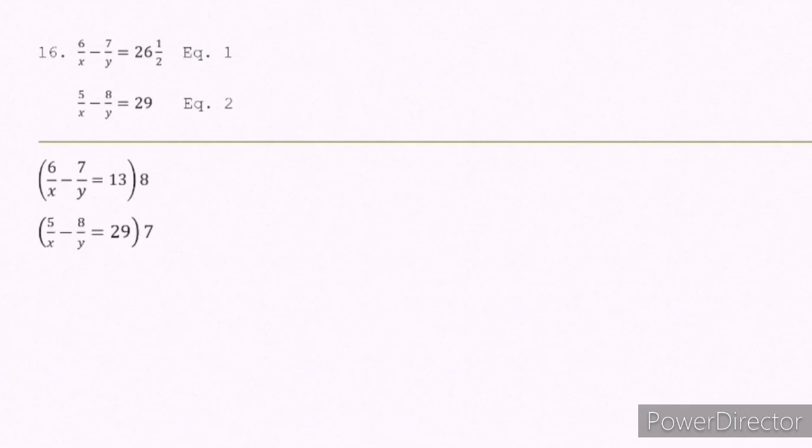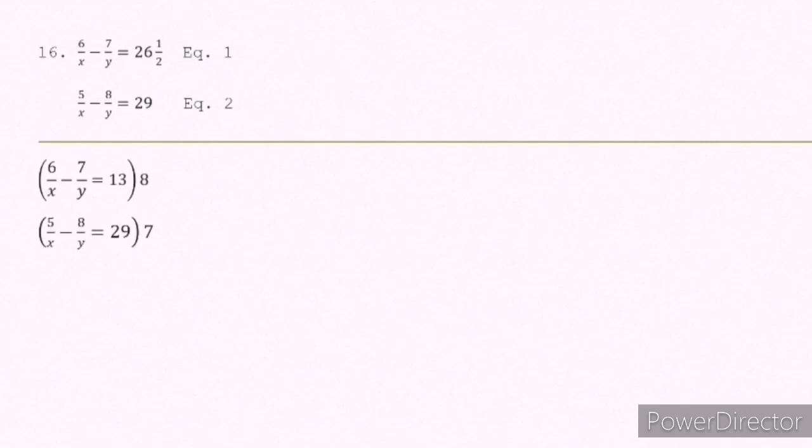Now to add: negative 30 over x plus 30 over x is 0. Positive 35 over y plus negative 48 over y will give you negative 13 over y. Negative 265 over 2 plus 174 will give you 83 over 2.